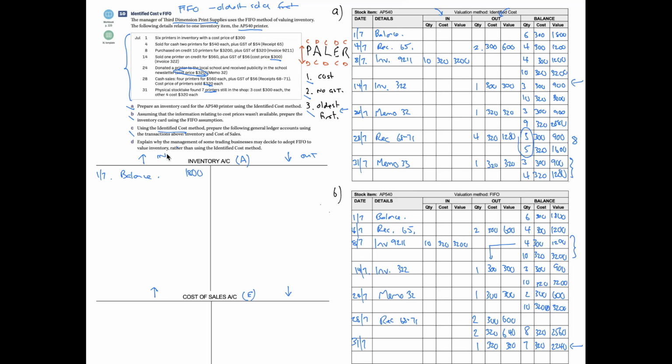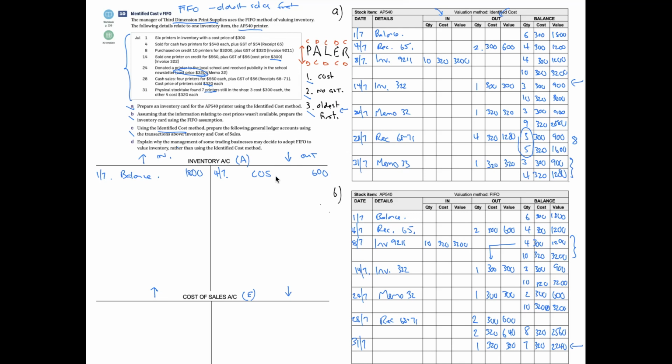So the 4th of July, our first transaction, we have inventory going down, don't we? Because it's in the out column, and the value is 600. So we can write 600 in our inventory column. It has occurred on the 4th of July. And then we ask, what was this type of transaction? This was a sale, which when our inventory went down for our credit, the debit would have been cost of sales, which I'm abbreviating for time.